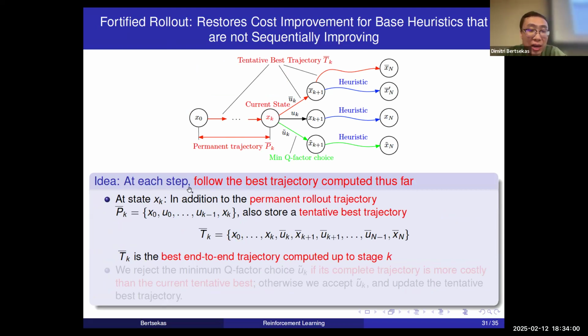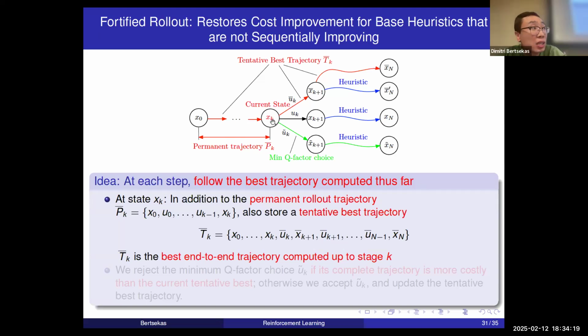So at each step, it follows the best trajectory computed thus far, which means, suppose that starting from X0, after some control selection, we get to the current state Xk, and this portion we call the permanent trajectory.